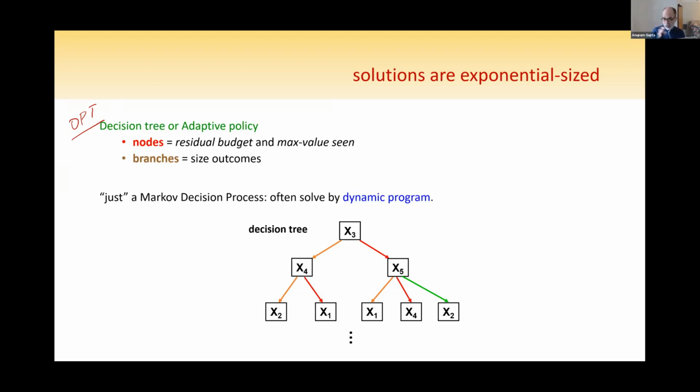So you can actually write down a dynamic program, and maybe I should have given this as an exercise for the discrete valued B box problem.